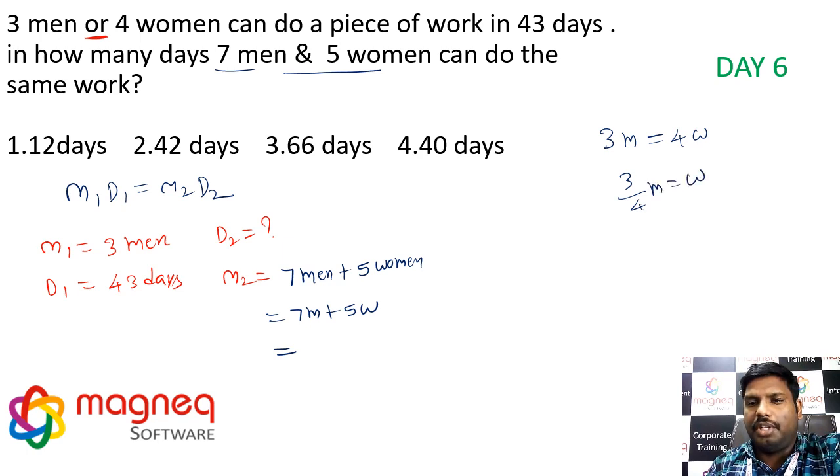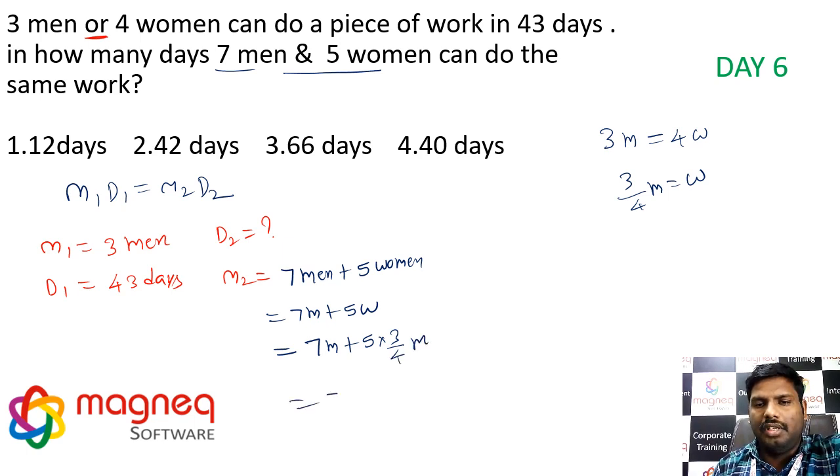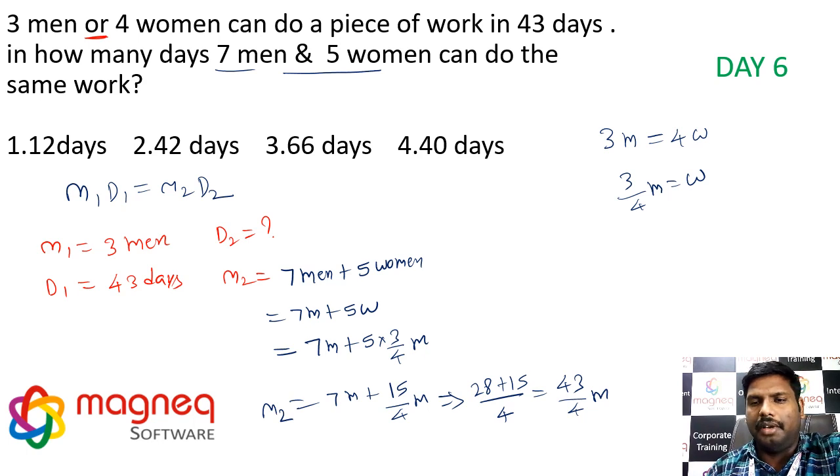So 7 men plus 5 into 3 by 4 men, that is 7 men plus 15 by 4 men. LCM of 4 and 7: 4 sevens are 28 plus 15 is 43 by 4 men. M2 value is 43 by 4 men.